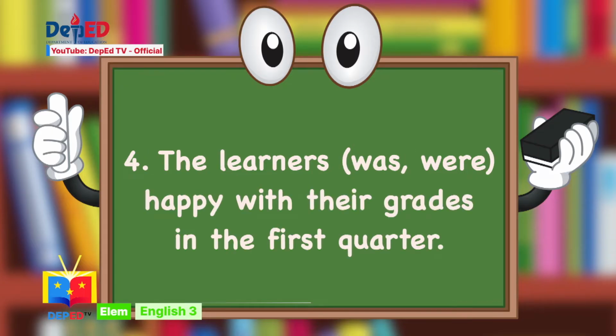The learners was, were happy with their grades in the first quarter. How about in this sentence? What be verb should we use? Very good! Were is correct. The learners were happy with their grades in the first quarter.